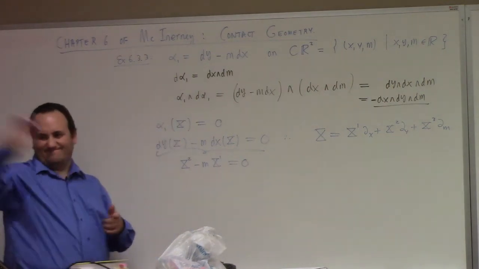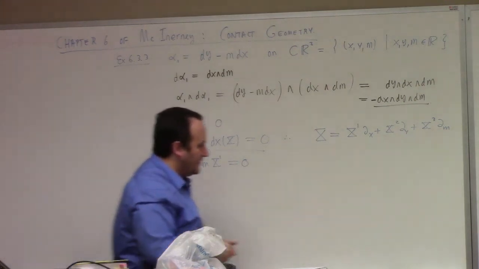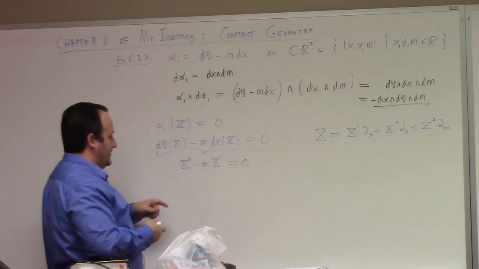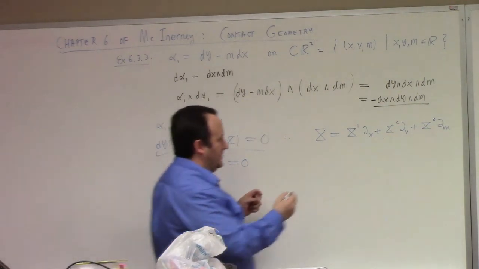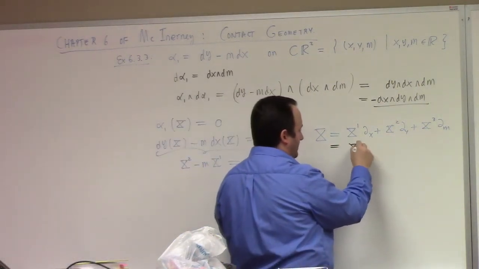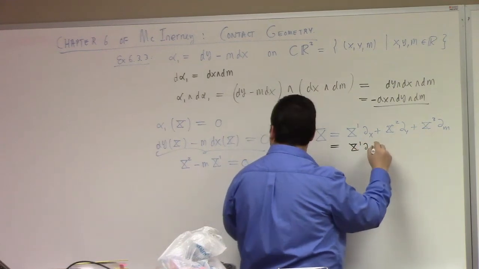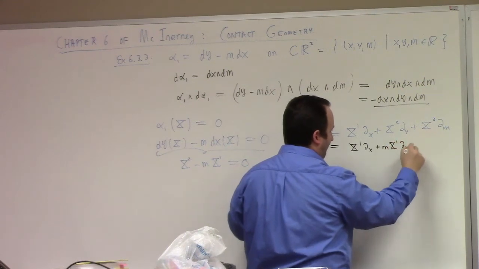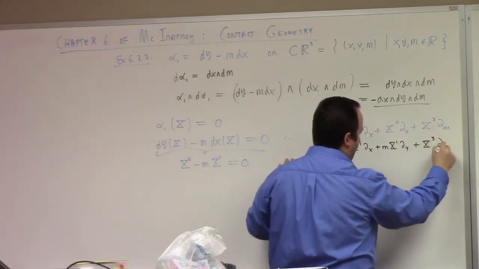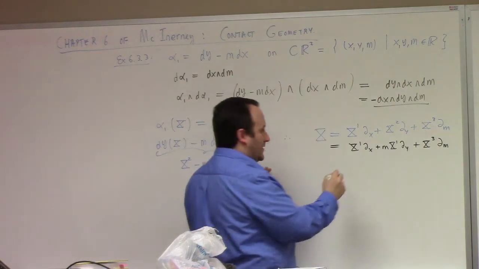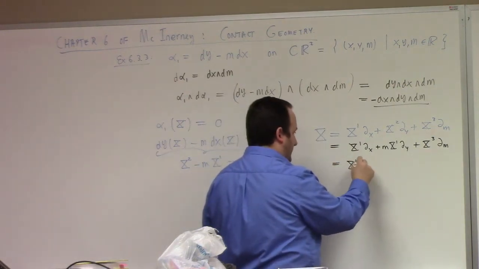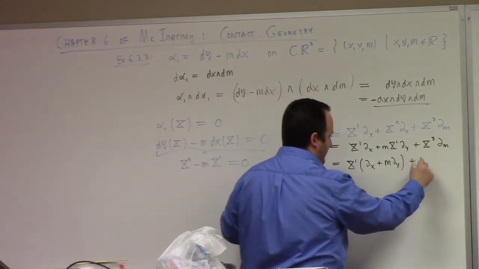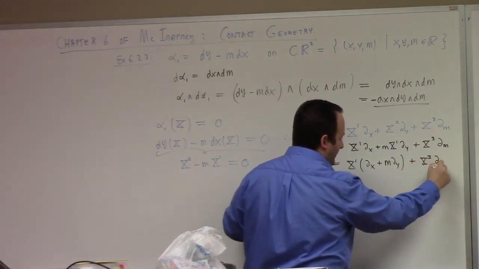So we can keep the x1, and you see we've got x1 times partial x plus m partial y, and x3 free partial m.